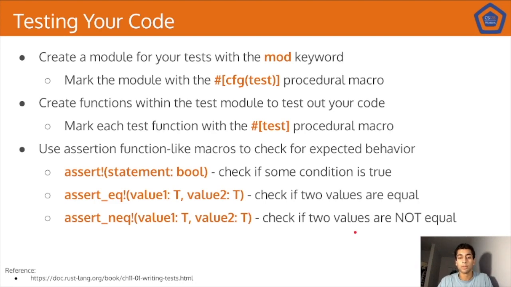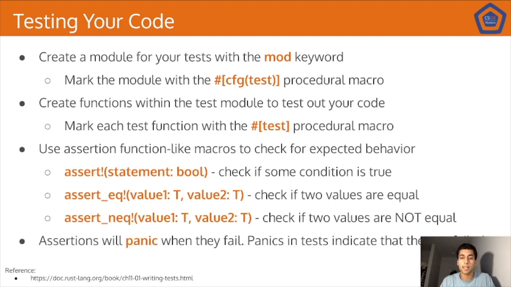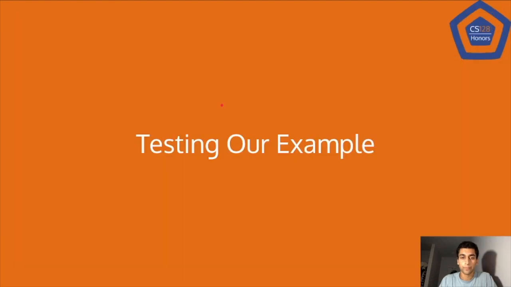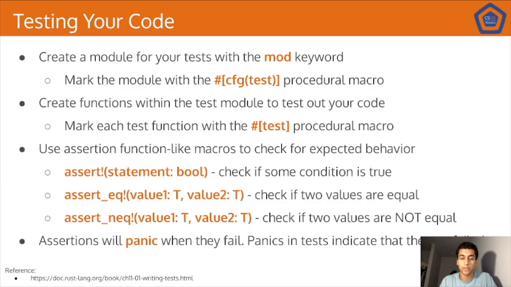If they are equal, this assertion will fail. Rust will panic. If it's in a test case, it will not panic, it will just show you a bad test. So like I said, assertions will panic when they fail, and panics in a test indicate that the test failed. Okay, let's get into some examples of writing your own tests.